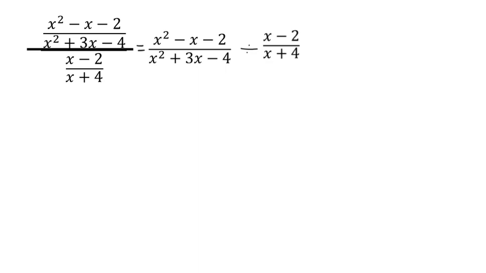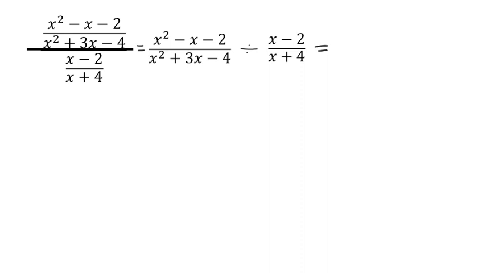Now, before I continue, I have a trinomial in both the numerator and denominator of the first part of that division, in the dividend right here. I don't want that. I would like that to be factored. But before I do that, just understand it is coming, I want to change this into multiplication.